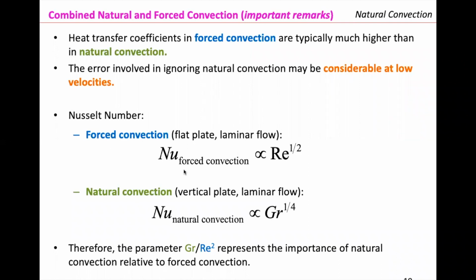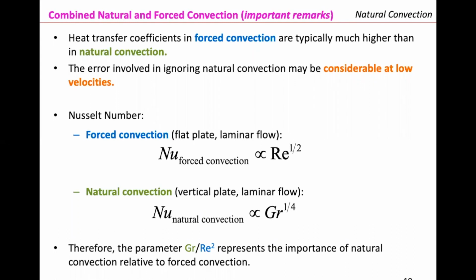Remember, in forced convection, it is the Reynolds number that tells us which regime we are dealing with, right? Whereas in natural convection it is the Grashof number that becomes important. Then the parameter Grashof over Reynolds squared represents the importance of natural convection relative to forced convection.